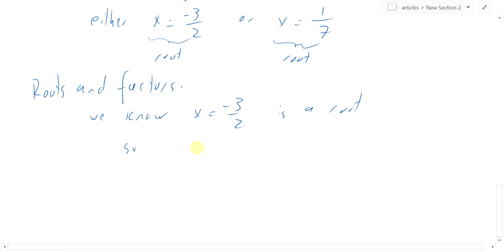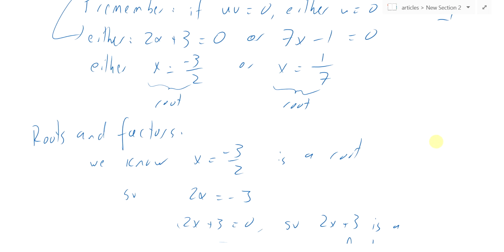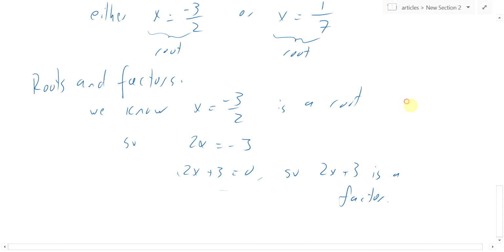So 2x equals minus 3, or 2x plus 3 equals 0. So 2x plus 3 is a factor. So if you take the equation for a root and get 0 on one side, you get one of the factors. So if you know the roots, you can figure out the factors. If you know the factors, you can figure out the roots.